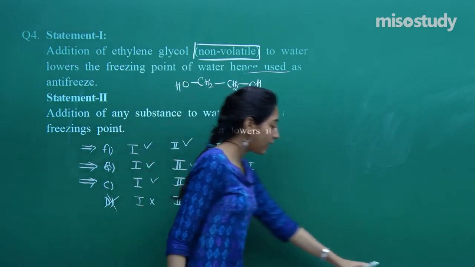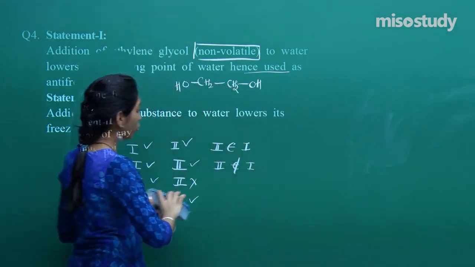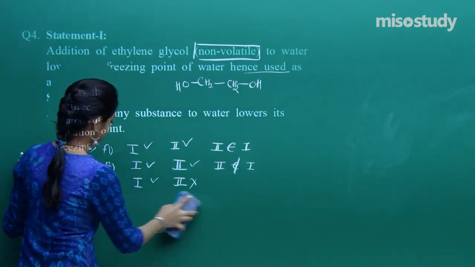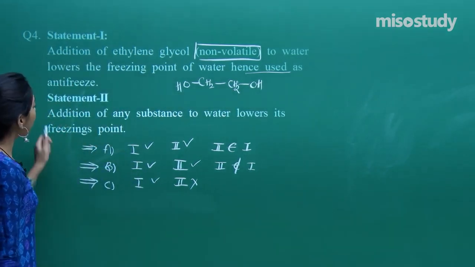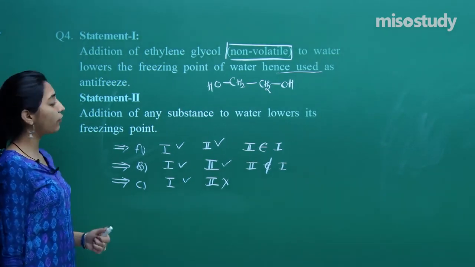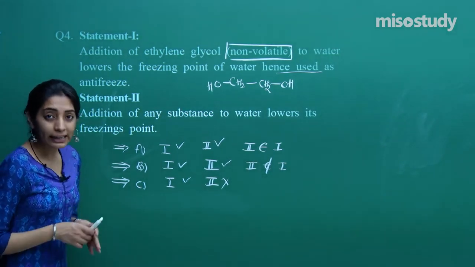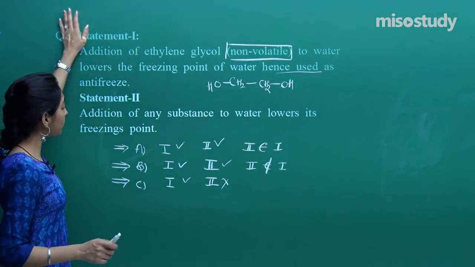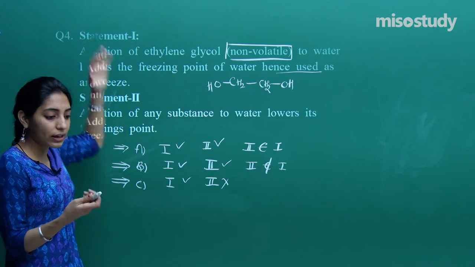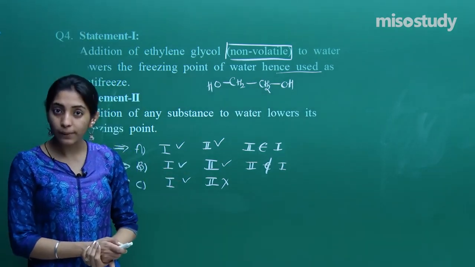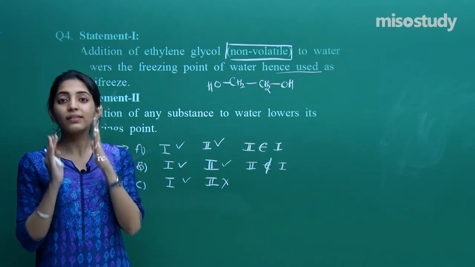Now statement number 2 says that addition of any substance to water lowers its freezing point. It is a wrong statement. In the first go, this might appear to be correct, that whenever you are adding anything to water, it will bring about a depression in freezing point. But think carefully.